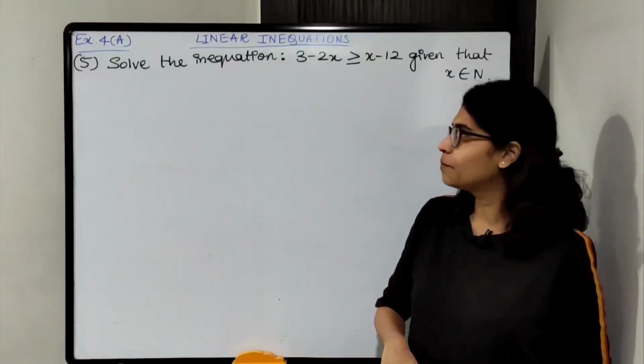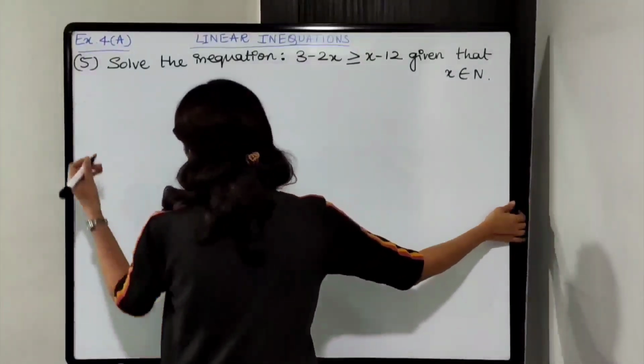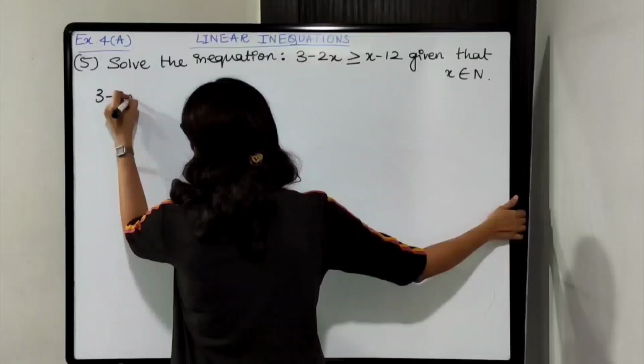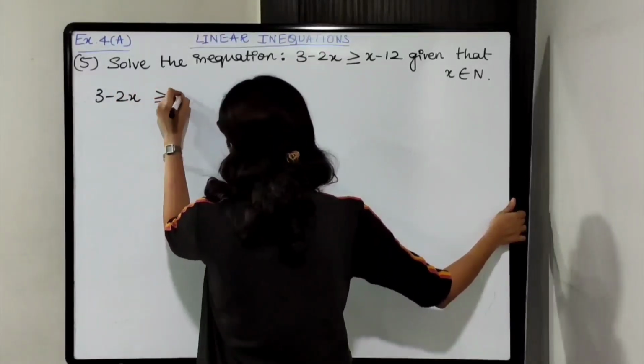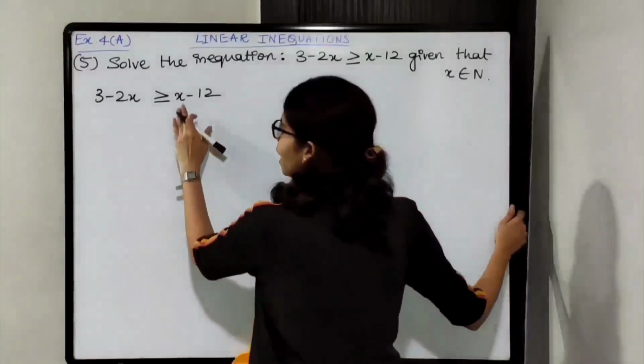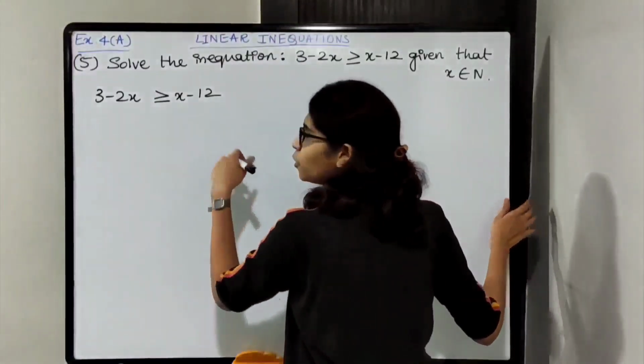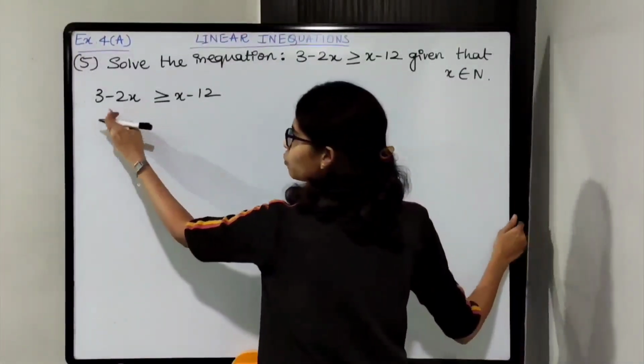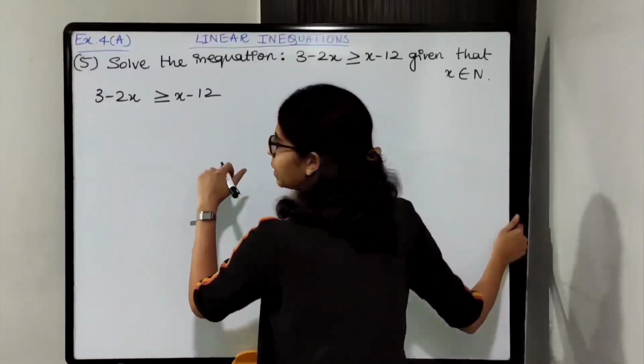Let's solve. So write down the inequation: 3 minus 2x is greater than or equal to x minus 12. So we group x together and number together. So x को यहाँ पे shift कर देते हैं, number को यहाँ पे shift करते हैं.